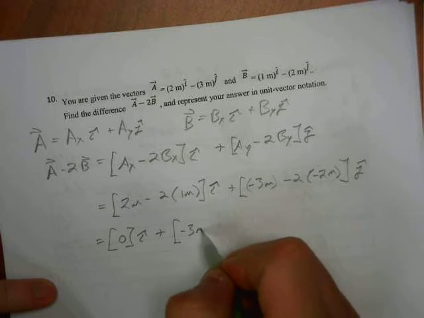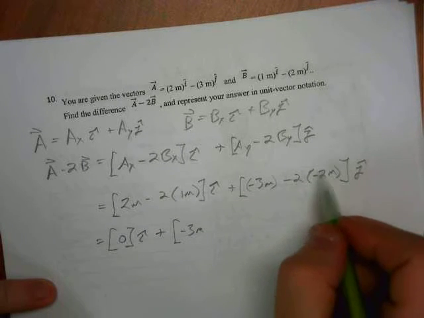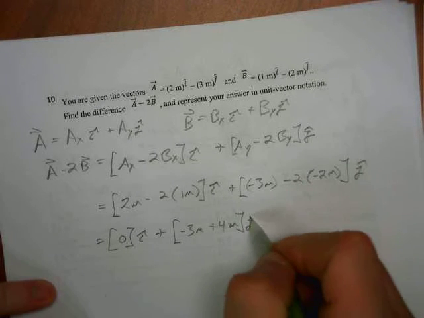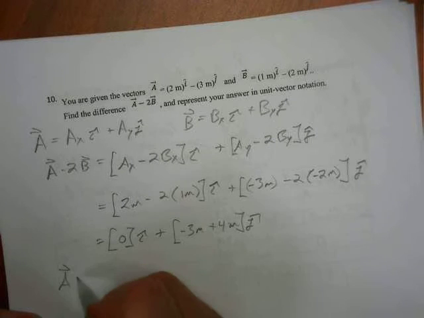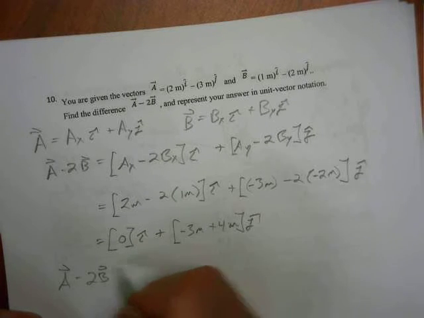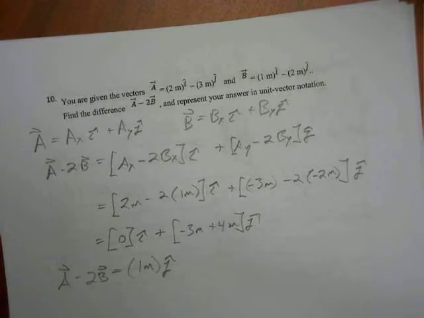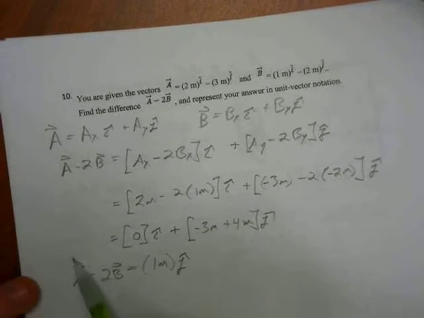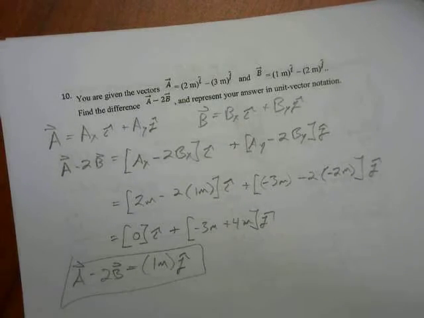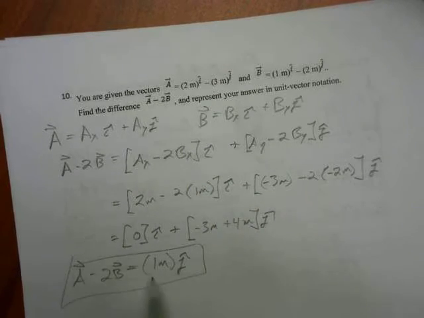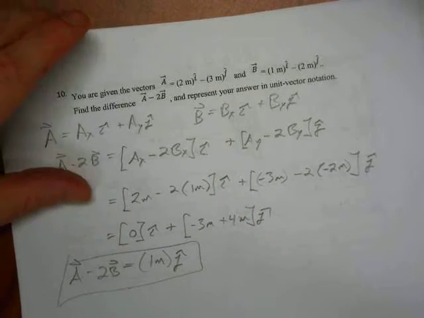Negative 3 meters, negative 2 times negative 2 is plus 4 meters j hat. So A minus 2B is just 1 meter j hat. That's your answer. So the two x components completely canceled out once you performed this operation. So there are no x components left in the resultant.